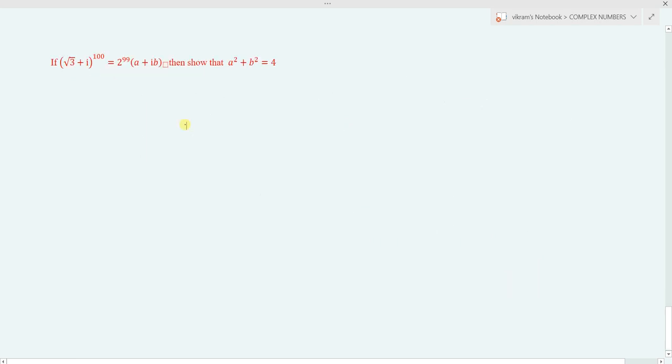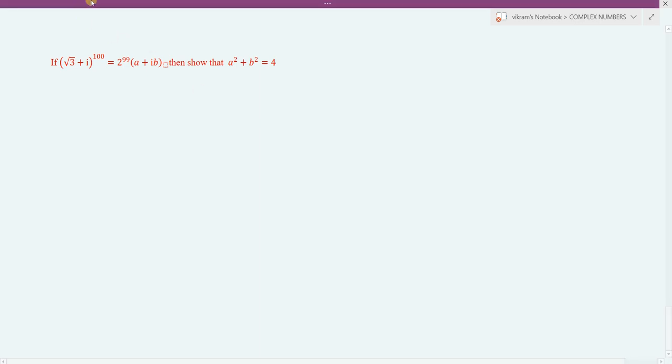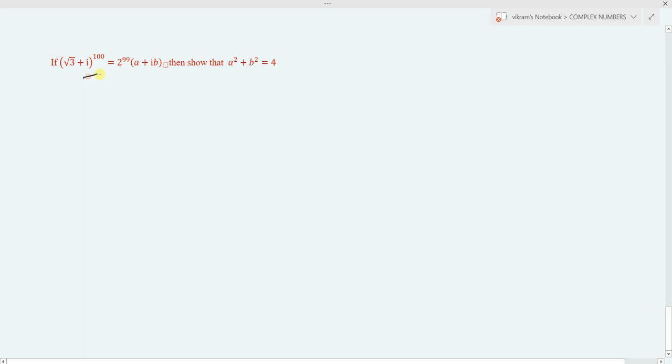Next question is, if square root of 3 plus i whole power 100 equals 2 power 99 times a plus ib, then what is the resultant of a square plus b square? We are asked to show that a square plus b square equals 4.